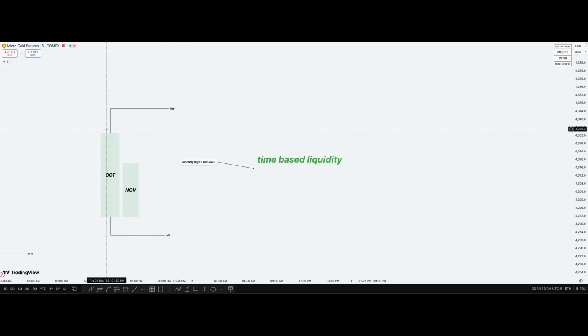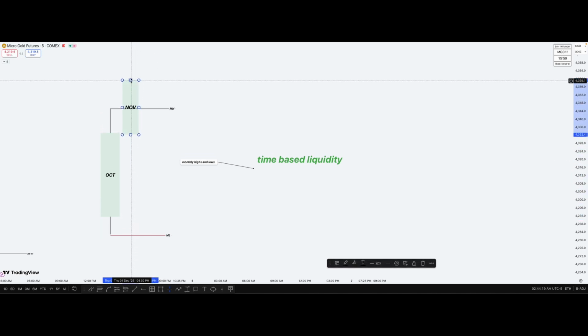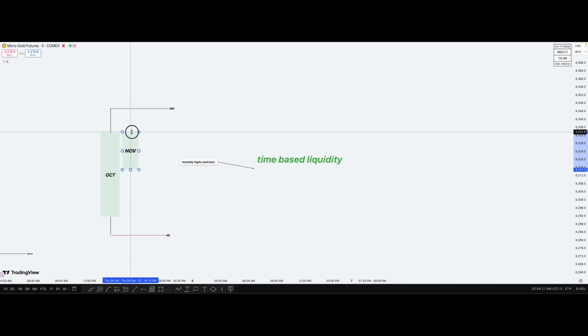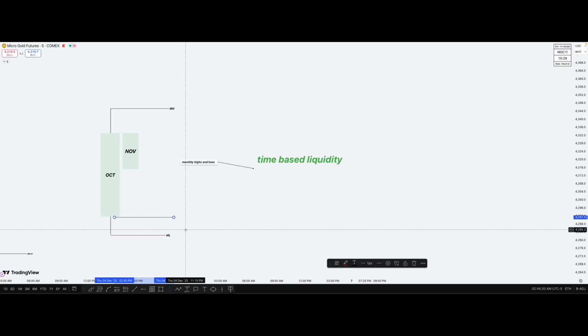Suppose this is a bullish candle, right? The bullish candle opened here.